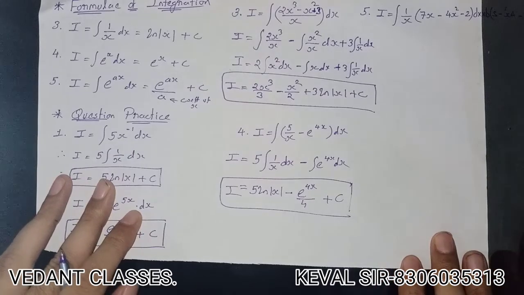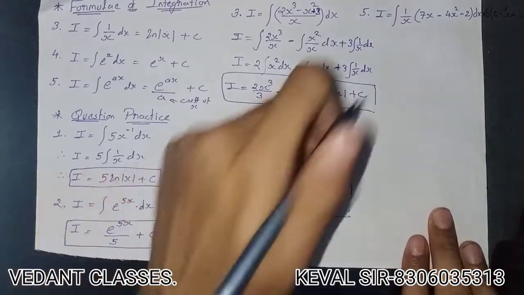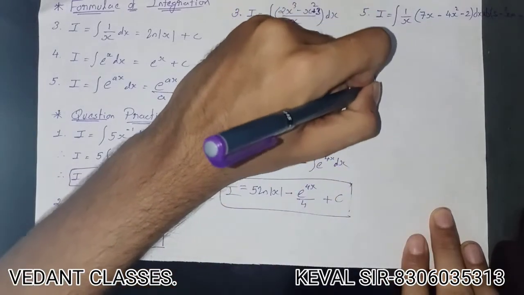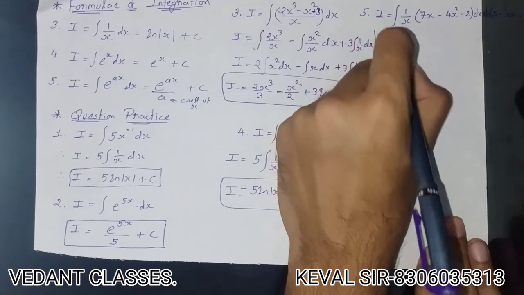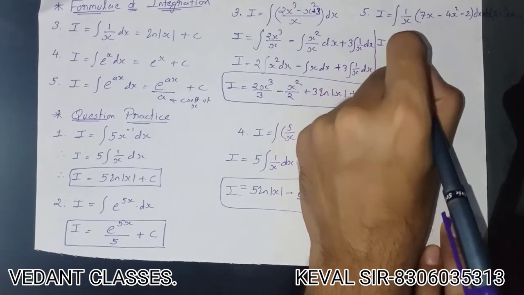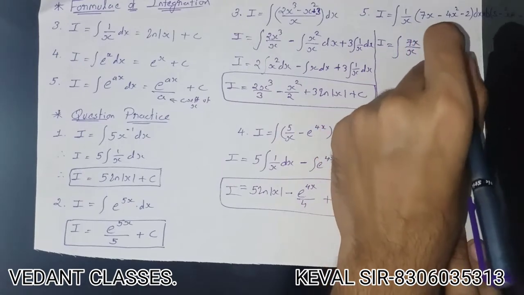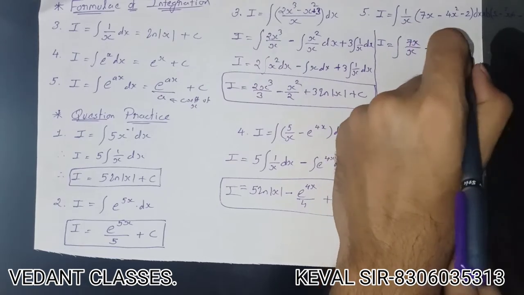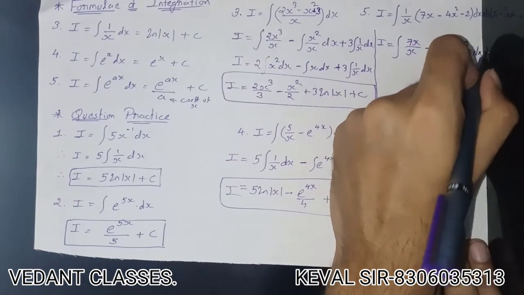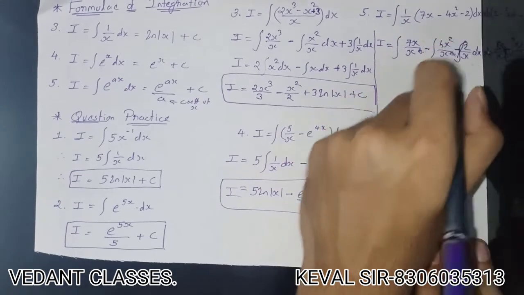Now let's solve the next one. See again, in this one we need to multiply 1 by x to all the terms. Okay, so it will be I is equal to integration of 7x by x minus integration of 4x square by x minus integration of 2 by x dx. Okay, you just need to write dx to all the three terms.